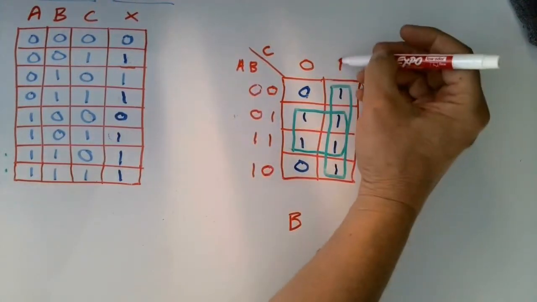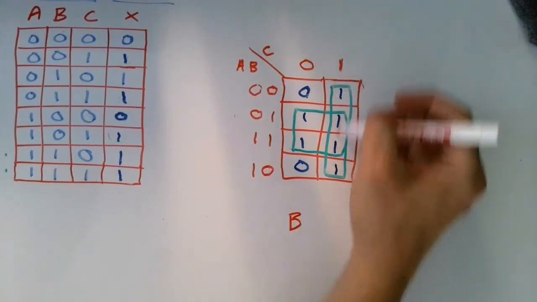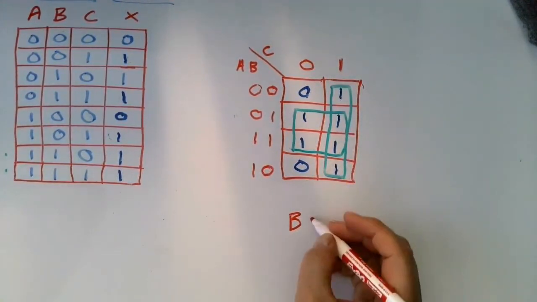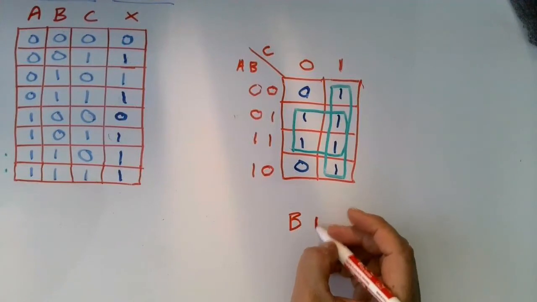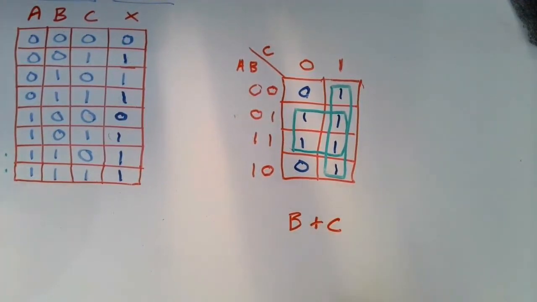But C in this column, they're all 1s. So we would write that as B or C. That would be the total circuit. Now it's kind of interesting. What happens is both A and B completely fall out of the equation. They become irrelevant. They don't affect the circuit.